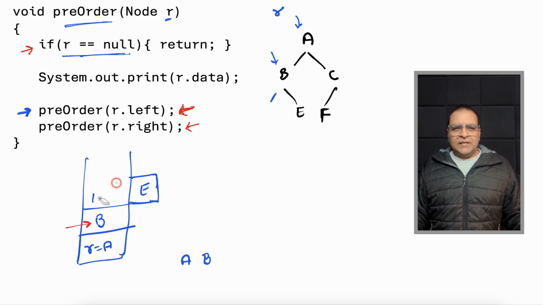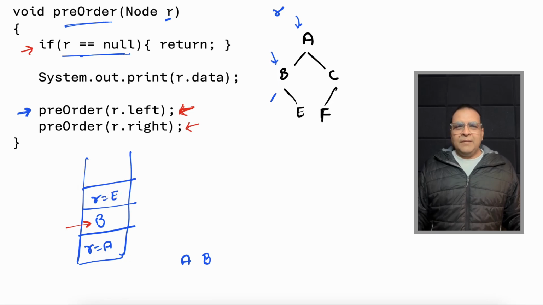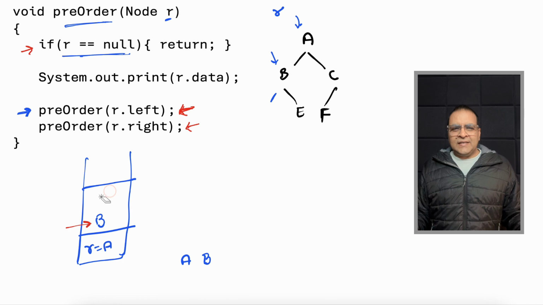Otherwise, you can just rub this null and create the stack frame for root equal to e here. For the time being, I'm just leaving null as it is, and later we will see why we are doing this.